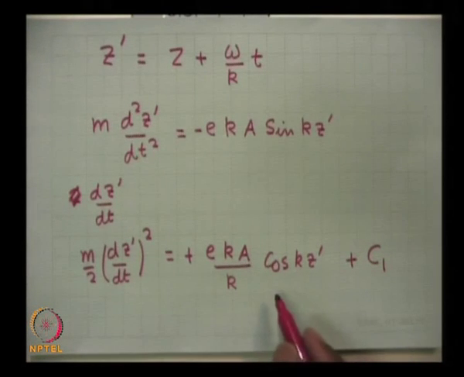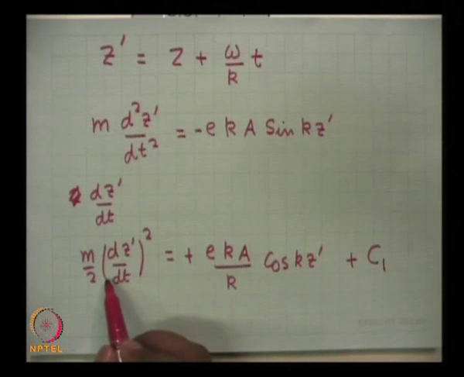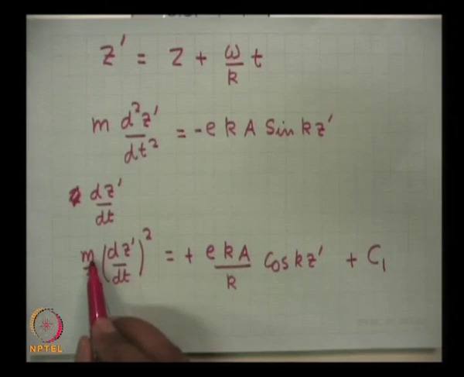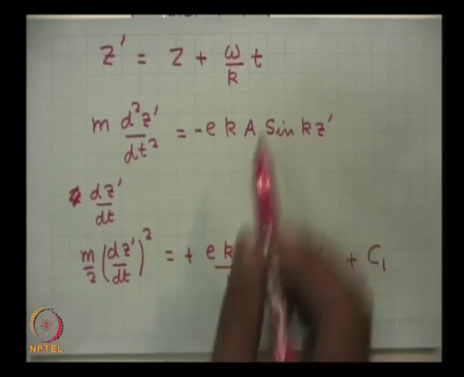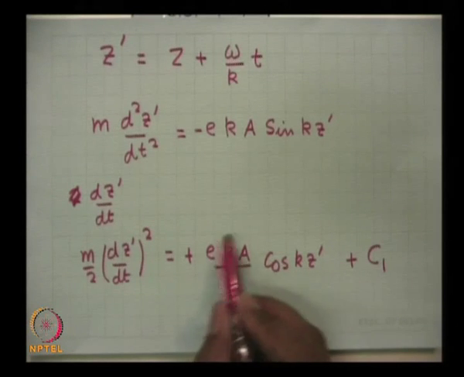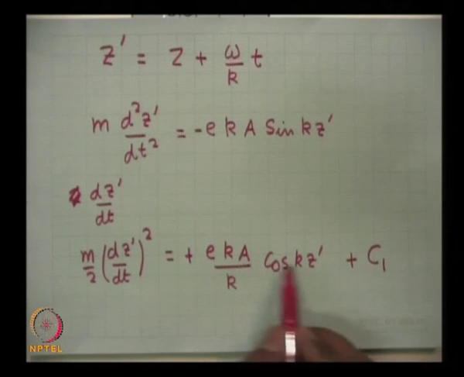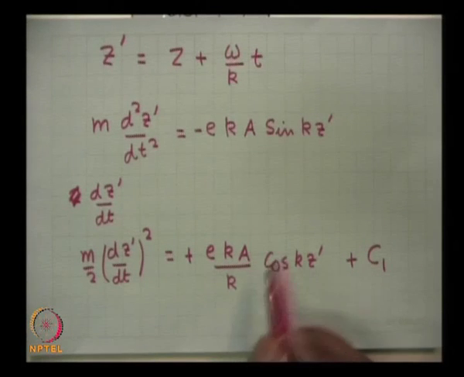This equation has a simple interpretation. This is the velocity of electron in the moving frame. So half mv square is the kinetic energy of the electron in the frame moving with velocity omega by k, the phase velocity of the wave. This is the potential energy because cos kz prime is the potential of the wave.